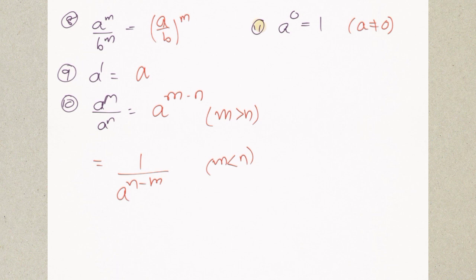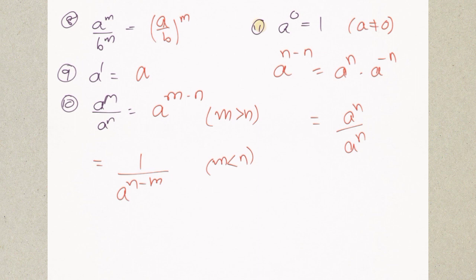Now why is a power 0 equal to 1? Let us see. Now a power 0 can be written as a power n minus n, right? n minus n is nothing but 0. Now 1 I can write as a power n into a power minus n, right? Because it is referring to a power n by a power n only.